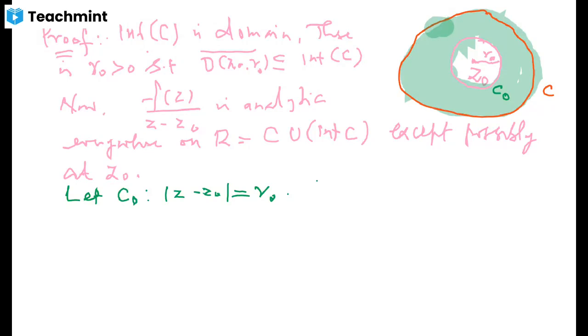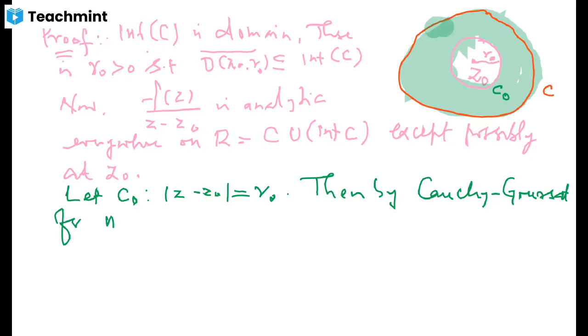So then, by the Cauchy-Dorset theorem that we discussed in the previous lecture, for multiply connected or annular regions, you may also call them multiply connected domains, what do we have then?